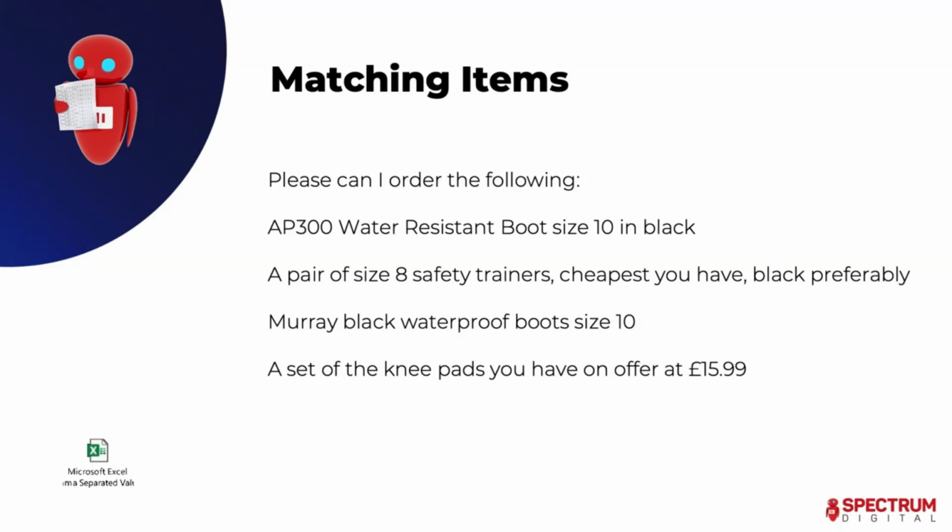Likewise, on the safety trainers, it says in that case the cheapest that you have. You've then got a specific brand of waterproof boot in the third option, and some knee pads that we have on offer, and that's important to get the offer pricing. So 4 lines of natural language in that order need matching back to the product catalogue so that we know specifically what items the customer is trying to order.